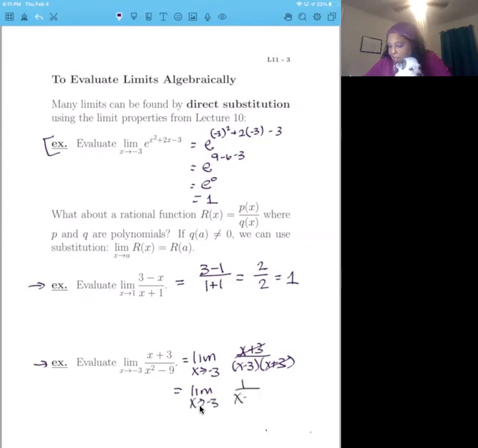I will have an asymptote at x equals 3, but at x equals -3, there will be a hole. So now I canceled it out, and I can directly substitute, because if I plug in -3, I will not get a 0 in the denominator. So I get 1 over -3 minus 3, which equals -1/6.